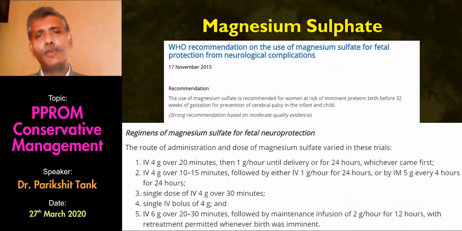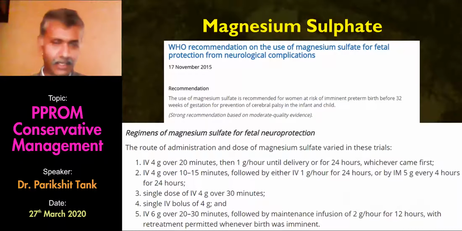And the WHO now recommends the use of magnesium sulfate for fetal protection from neurological complications. It's very standard as to how this regime has to be used. We are all absolutely familiar with the standard Pritchard's regime, and this will do perfectly fine when we are talking about using magnesium sulfate for fetal neuroprotection.